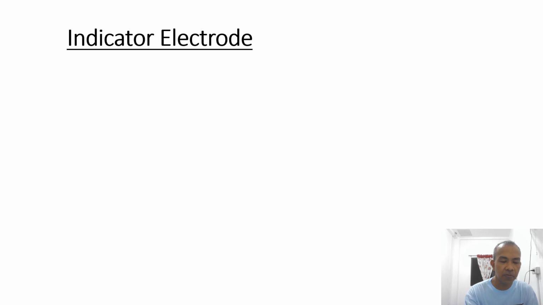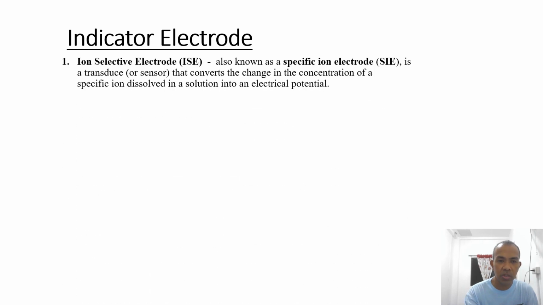And now for the indicator electrode, the most common is the ISE, ion selective electrode, also known as specific ion electrode. It is a transducer sensor that converts the change in the concentration of a specific ion in solution into an electrical potential.